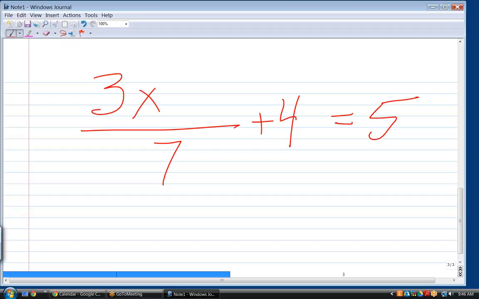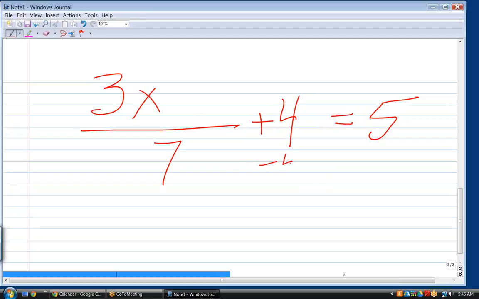Move the 4 over. Because notice what happens if I try to multiply that whole thing by 7. I do get rid of the 7 from this term, but then I've got to multiply 7 times 4, which is 28, a big number. So before you get rid of denominators, get rid of any whole numbers that are being added or subtracted.